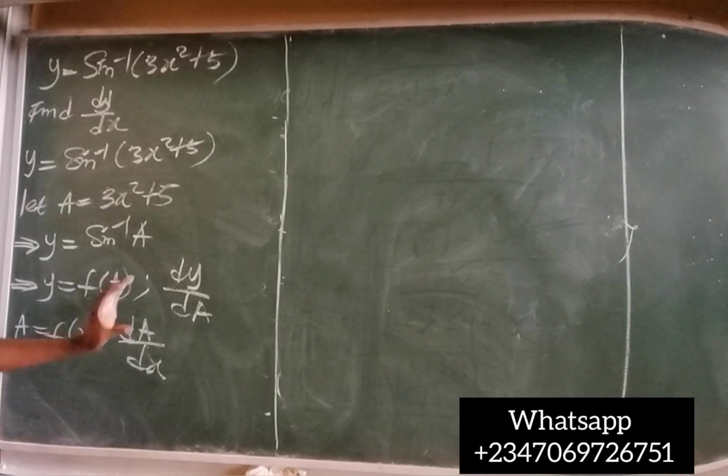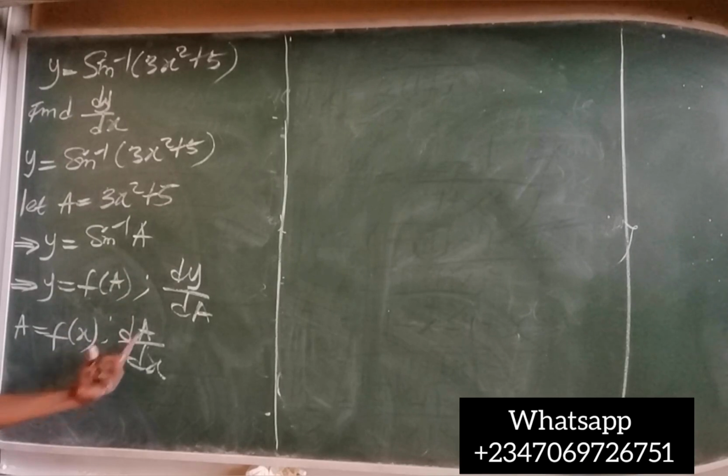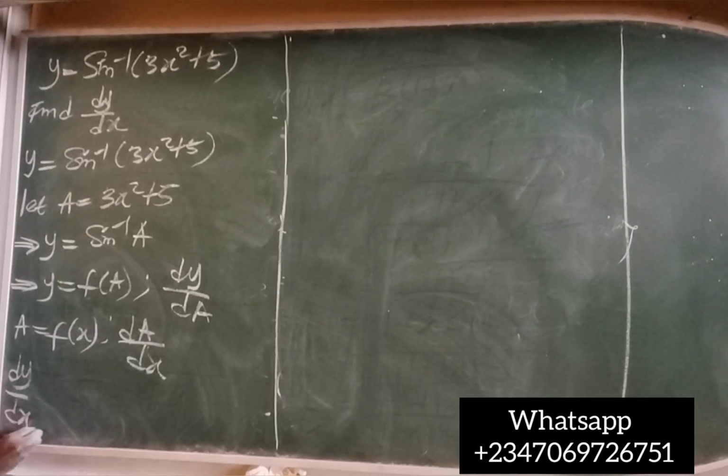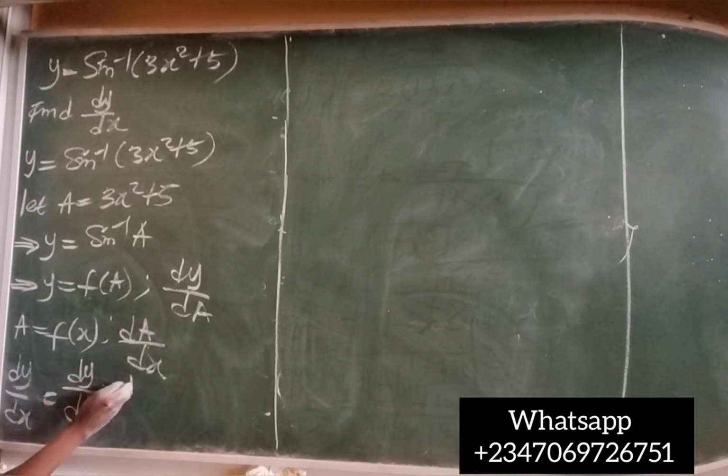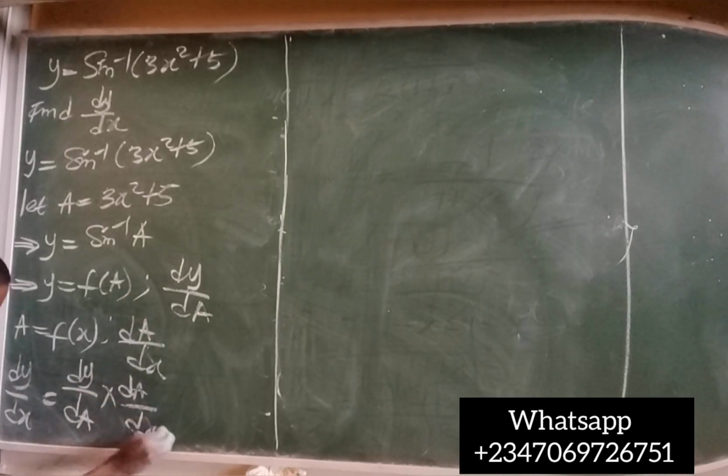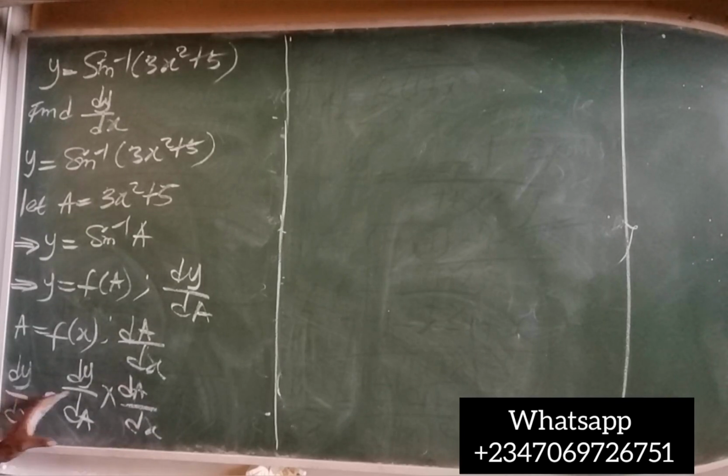If I'm able to establish these two facts, dy dx lies in multiplying these two derivatives together. Therefore, dy dx can only be obtained by multiplying dy da by da dx. And this is called the chain rule of differentiation.